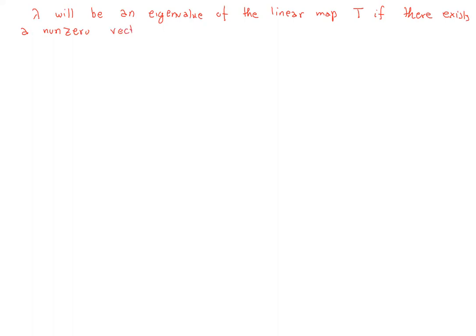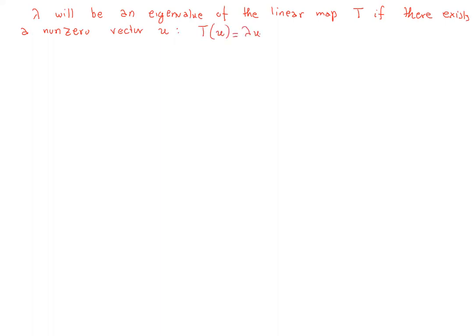So, lambda will be an eigenvalue of the linear map T if there exists a non-zero vector u such that T of u is equal to lambda u.